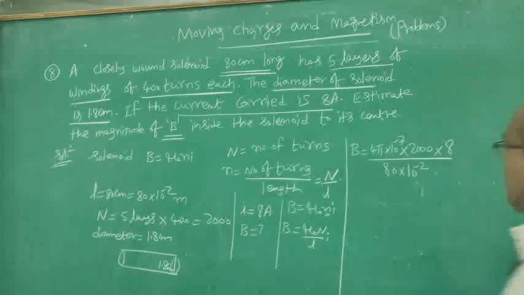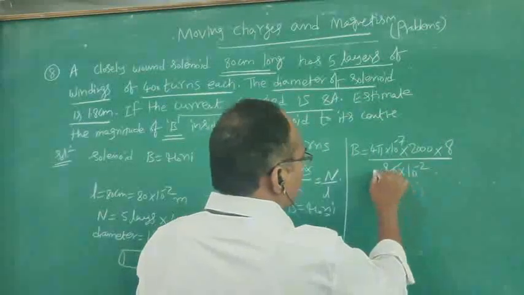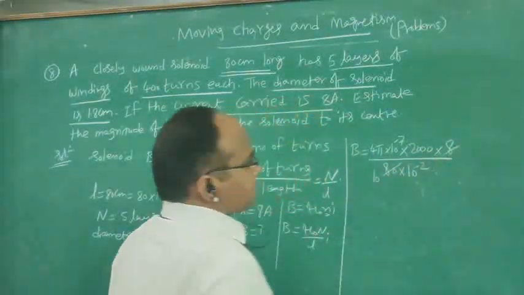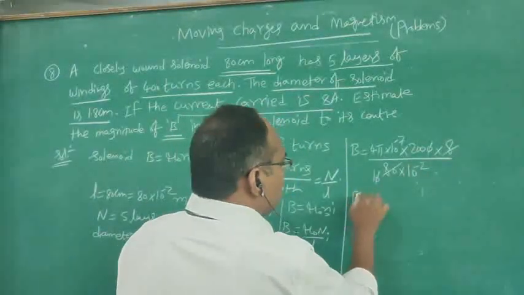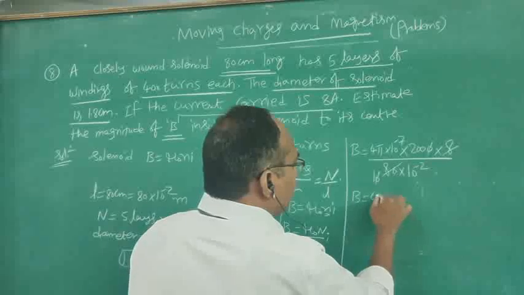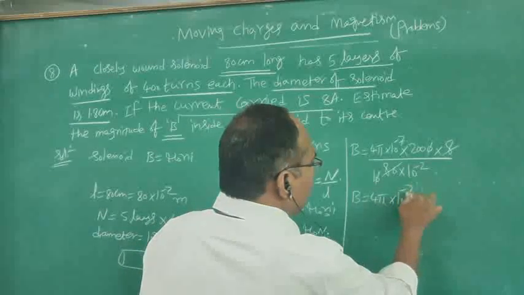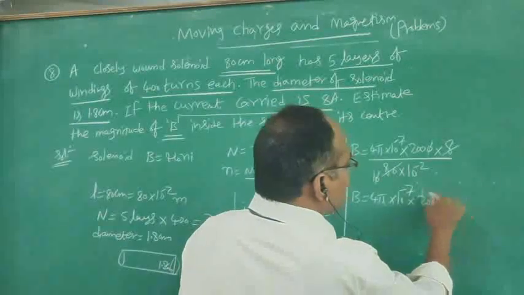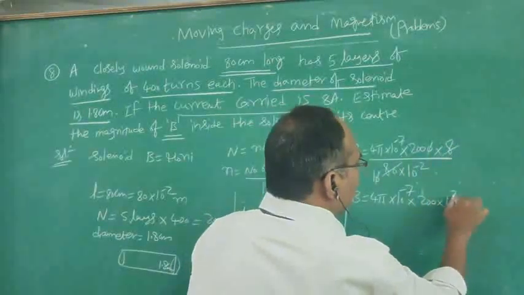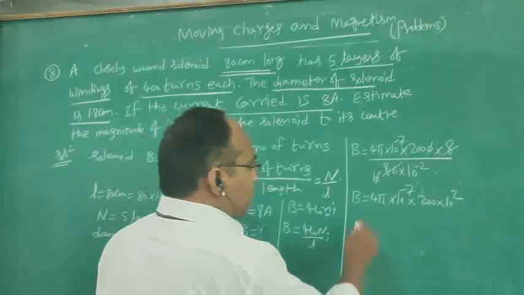So what is the meaning of this one? What should I write? 8 tens are 80, 8 fives are 40. So what is the value? 0, 0 cancel. So B is equal to 4 pi into 10 to the power of minus 7 into 200 into, if it comes up, 10 to the power of plus 2. So what is the value?